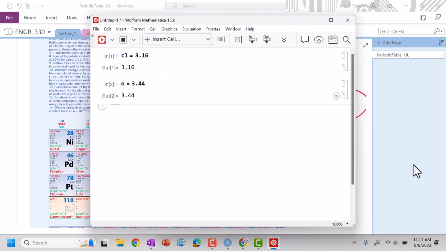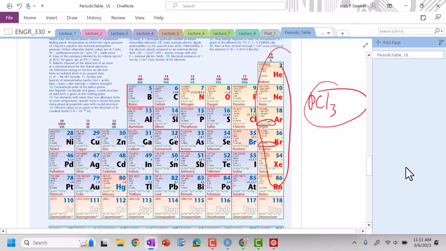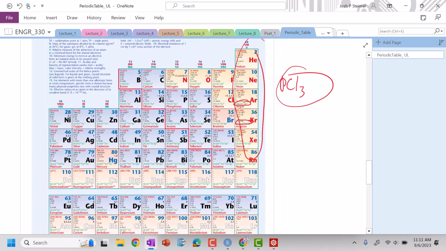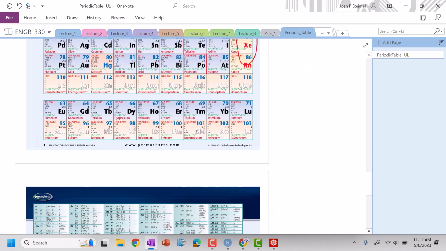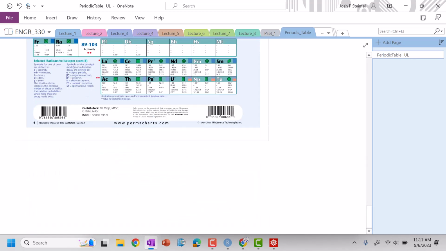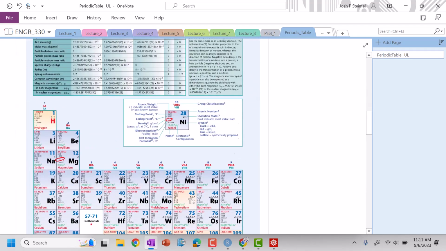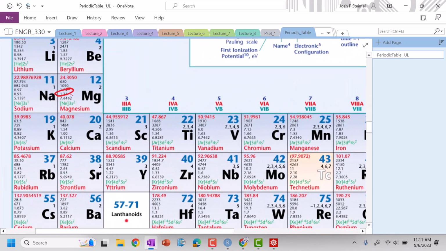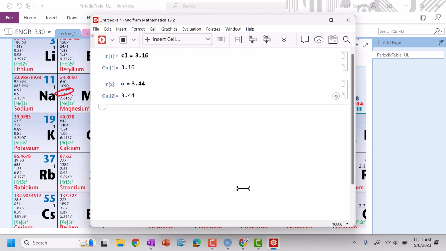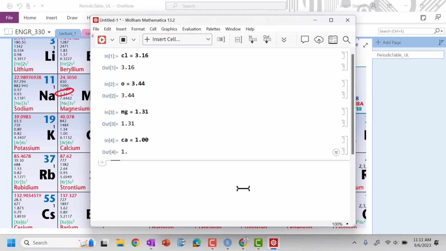And we need Ca and Cl, CaCl2, and then MgO. Mg is 1.31. And Ca, oof, that's not good. It's 1.